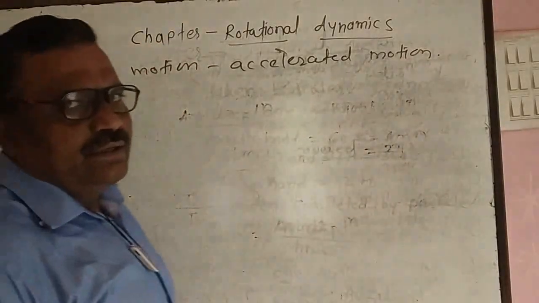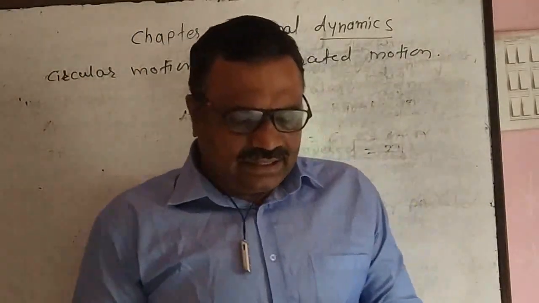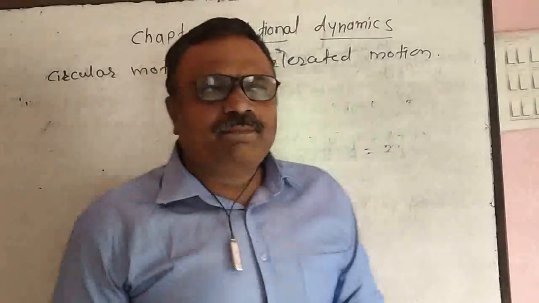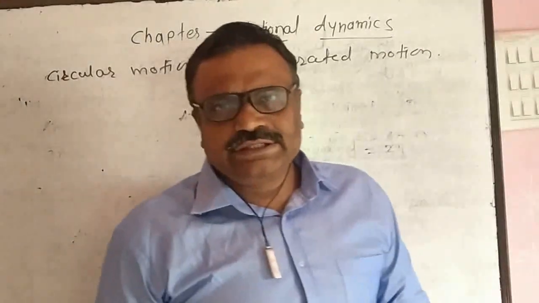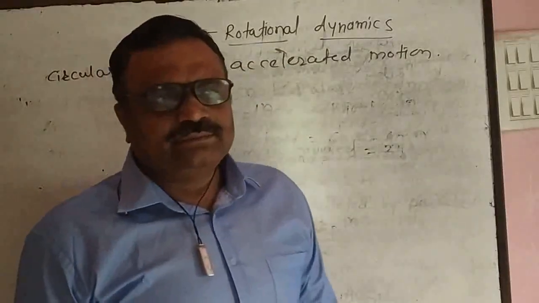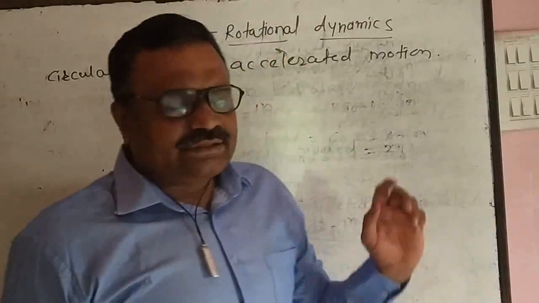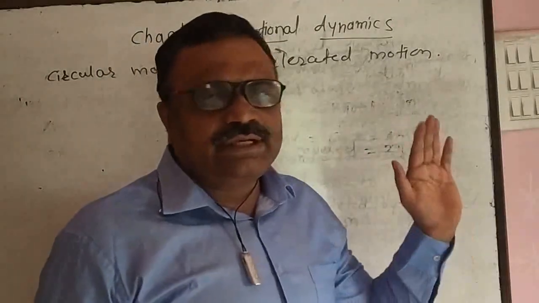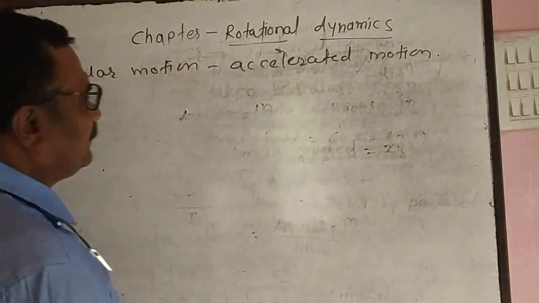Any motion is said to be accelerated when the velocity of the particle in that motion changes. Such motion is known as accelerated motion. And now we discuss uniform circular motion, which is an accelerated motion.